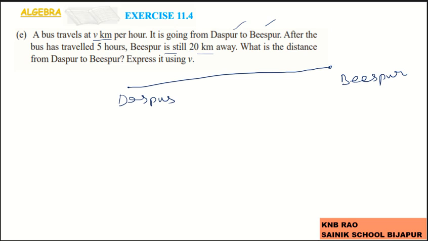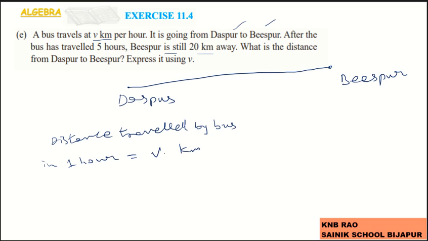So the bus is traveling at v km per hour. That means the distance traveled by the bus in 1 hour is v kilometer.